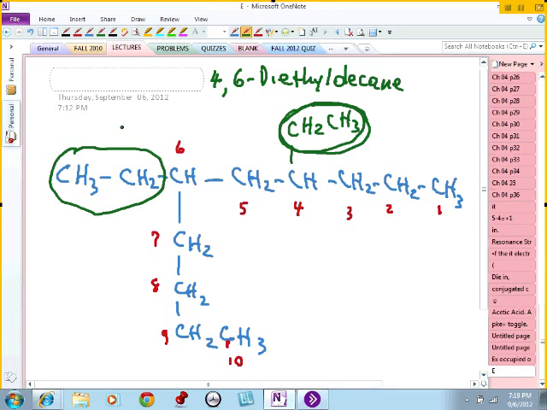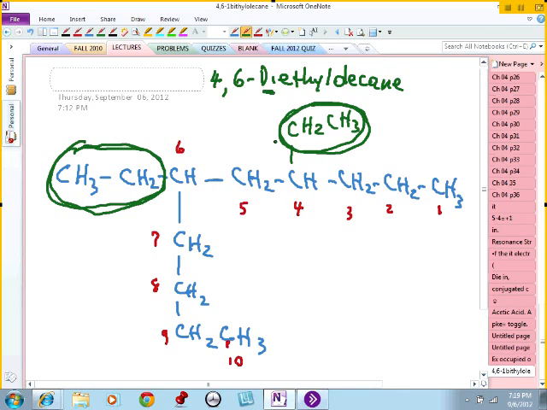And the other branch, which is also this one here, is in position number 6, and that is also an ethyl group. This group here is the same as this group, and that is why we use the prefix di to say that we have 2 of them.